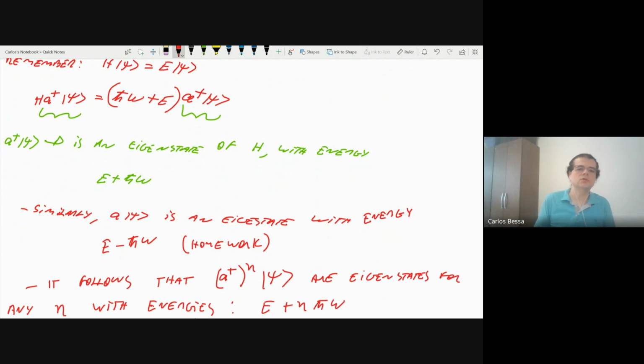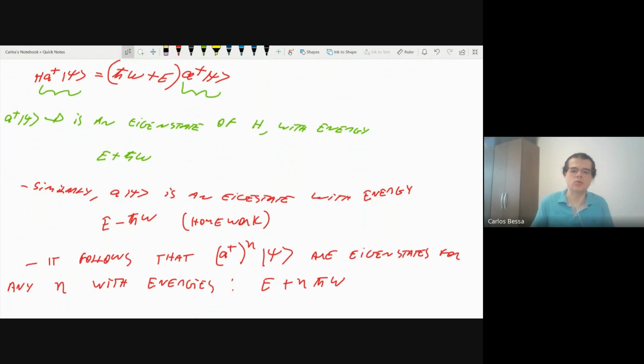Okay. This is also a homework. When applying this n times, we showed it for 1, that is this. This is for n equal to 1. So it's simple, it's just following this.